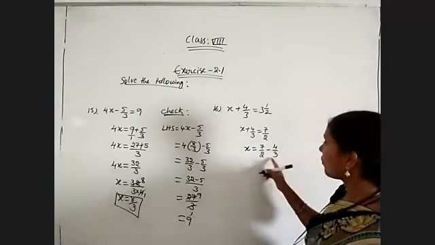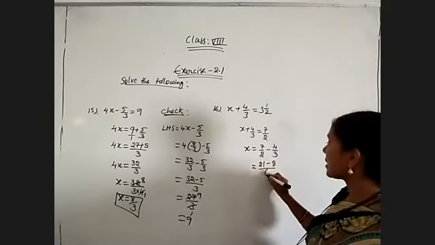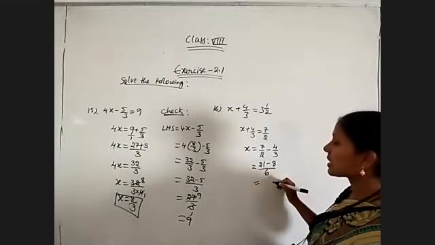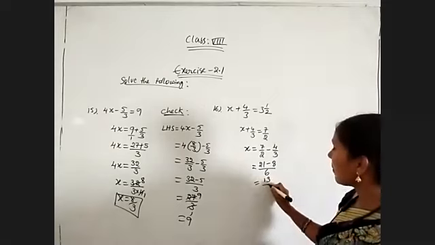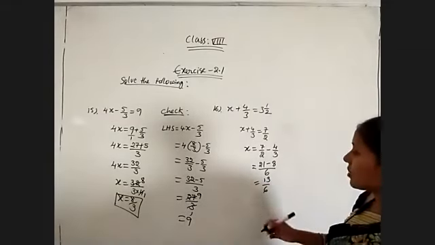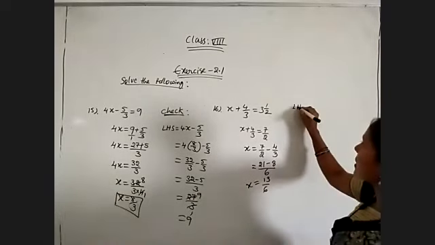Now go for LCM or cross multiplication. 3 7s are 21 minus 2 4s are 8, by 2 3s are 6. 21 minus 8, that is 13 by 6. So that's all. The x value we got is 13 by 6. Now check your result.